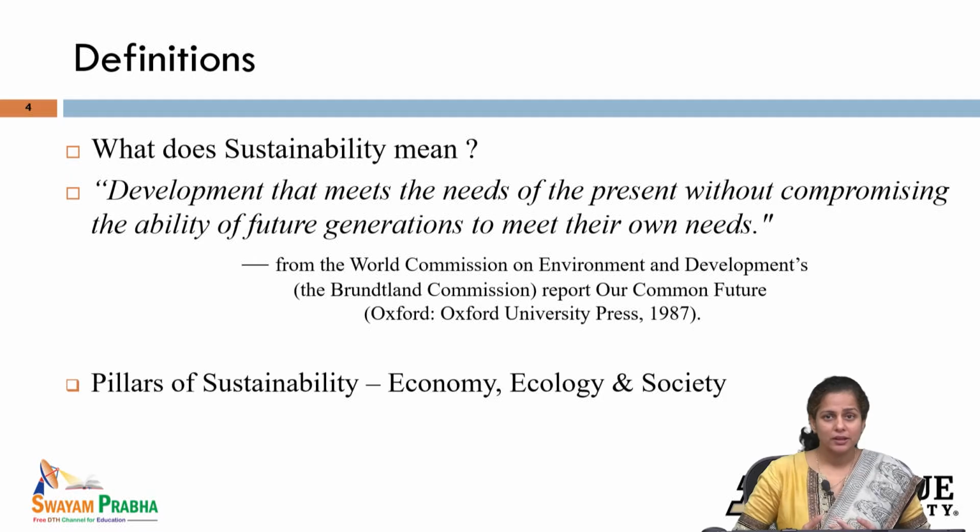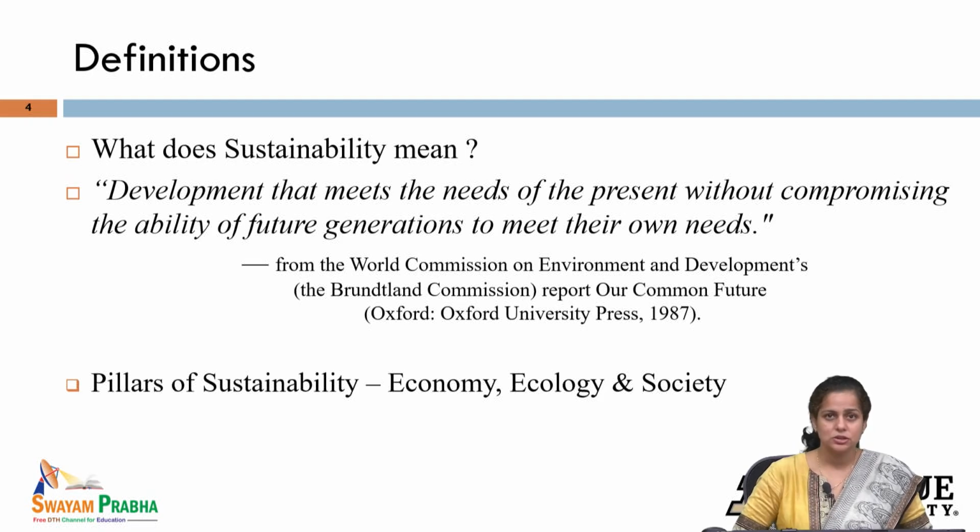Hence, when we think about the three pillars of sustainability, we certainly have the economy in the picture, which is really important because that determines how the demand is going to change. Then we have ecology, which is the underpinning system that provides the natural resources, and hence we also need to account for the ecological dimensions of the system that we are designing, and how we can meet the demand for the future generation as well.